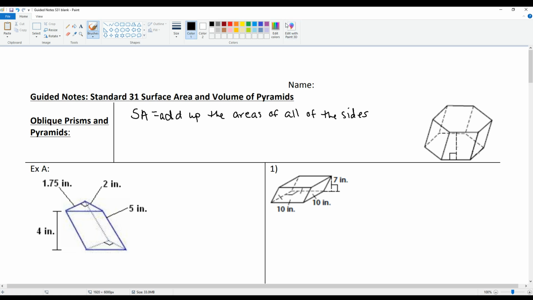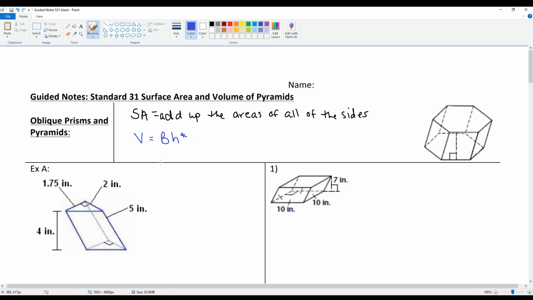For volume, the formula for that is volume is equal to the area of the base, whatever that base may be, and we use a capital B for that, and H star. And remember that the star means that H is the height of the entire three-dimensional shape.